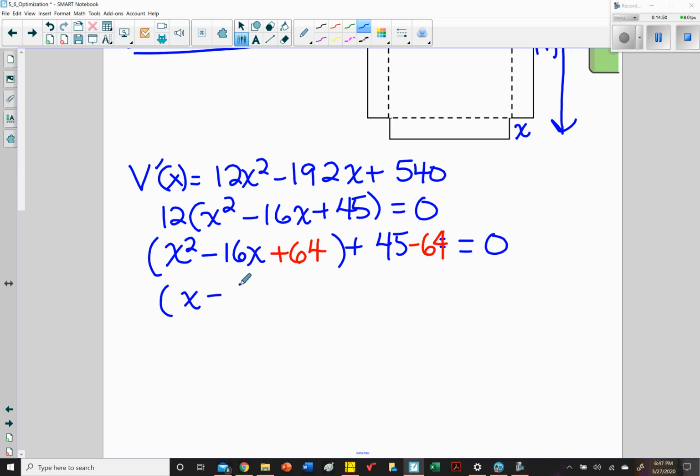This way we have (x minus 8) quantity squared, let's see, that's minus 19. So how about we move the 19 over to the right and take the square root of both sides.